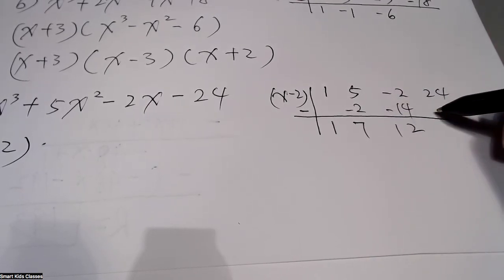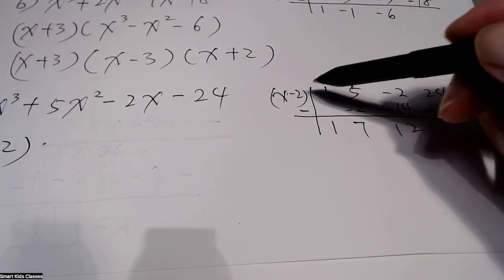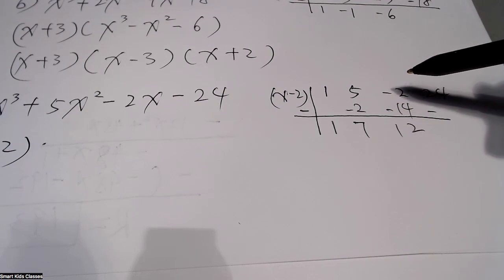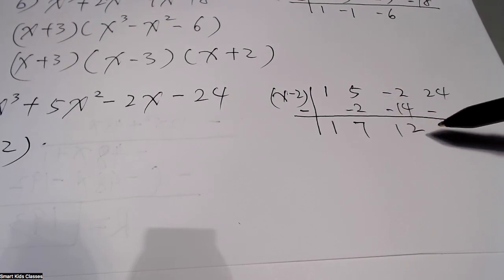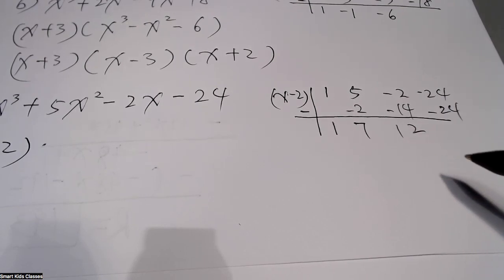And negative 14, we get positive 12. We get negative 12, and times 12, we're going to get 24. So we got negative 24 here. There's no remainder. So we move this one here.